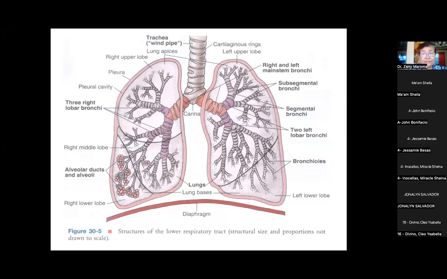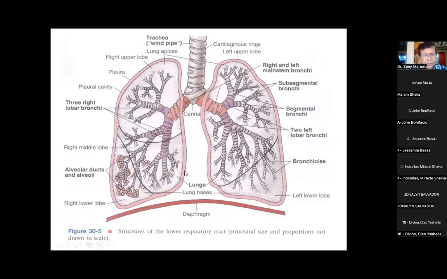Atmospheric pressure at sea level is 760 mm mercury. The pressure in the pleural cavity, or intrapleural pressure, is about 755 mm mercury.